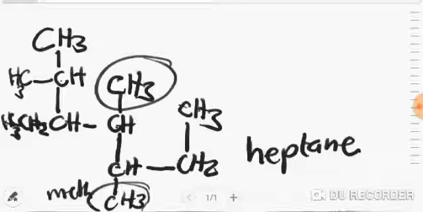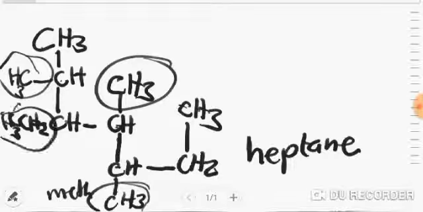So now the second rule is to look at the substituents. We have a methyl, which is this one. We have this one as well, and this one, and then we have an ethyl.